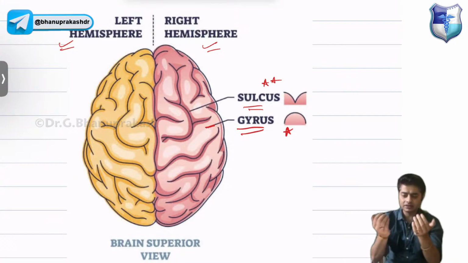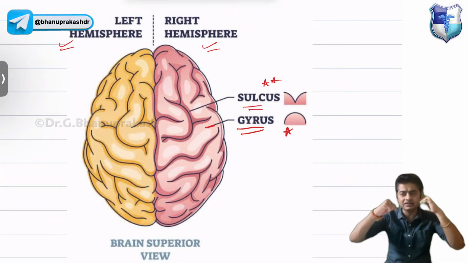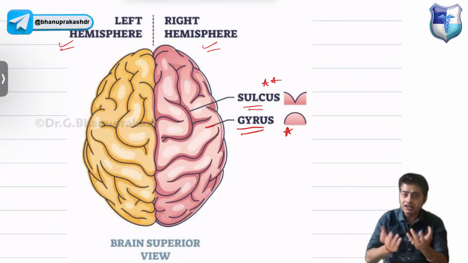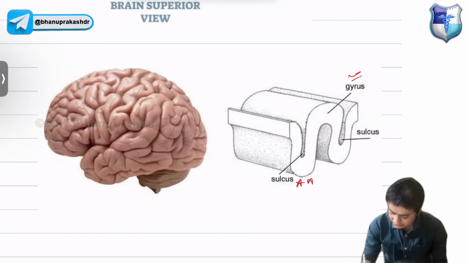Suppose these hands are my two gyrus. Between two gyrus, this deep groove is your sulci. You are seeing this diagram. These are your gyrus, and between two gyrus is your sulcus.